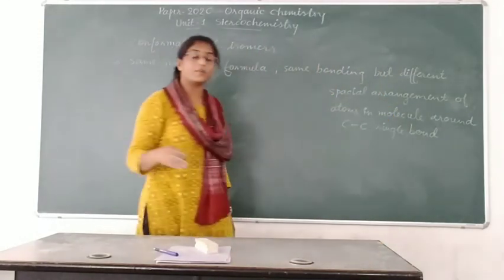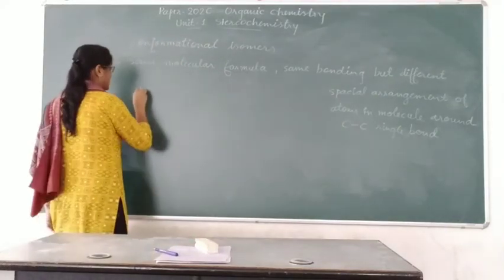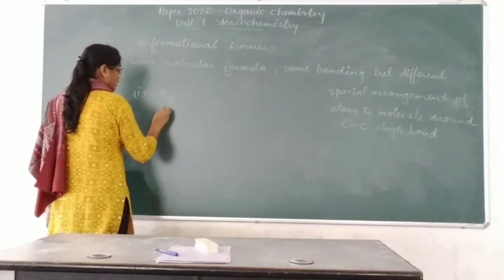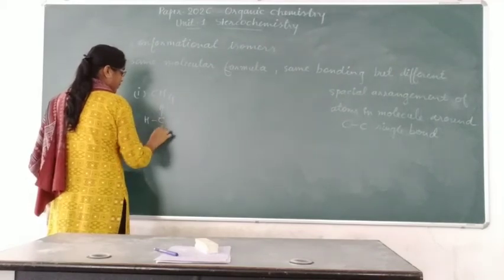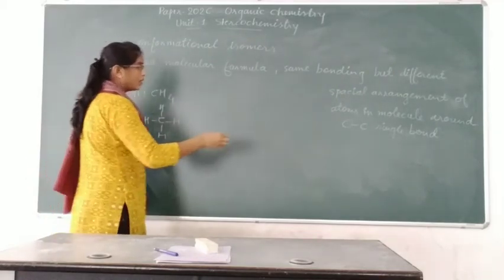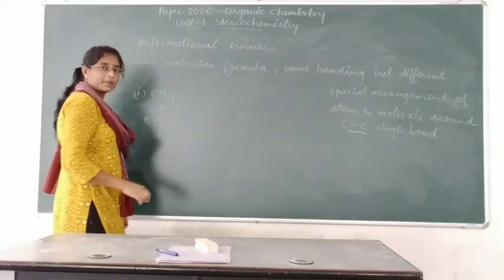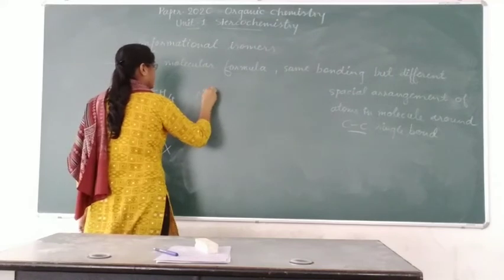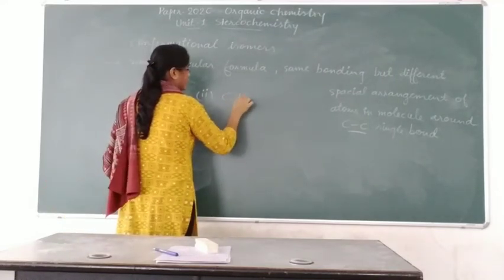Means the compound must have a C-C single bond. So we cannot take the example of methane here, because methane does not have another carbon. A C-C single bond is not present in methane, so we cannot take this example for conformational isomers, but we can have the example of C2H6.